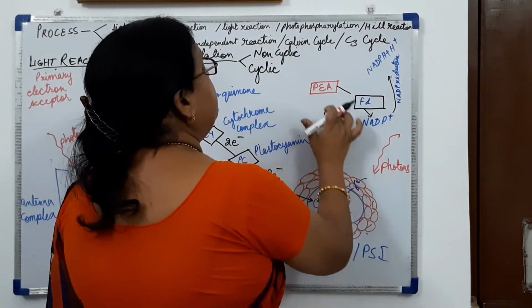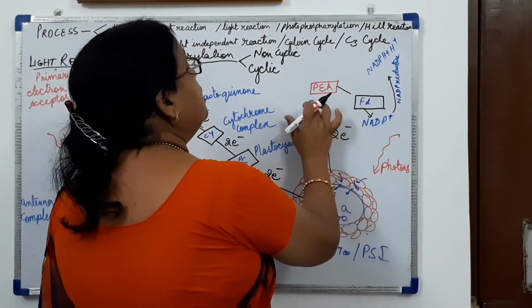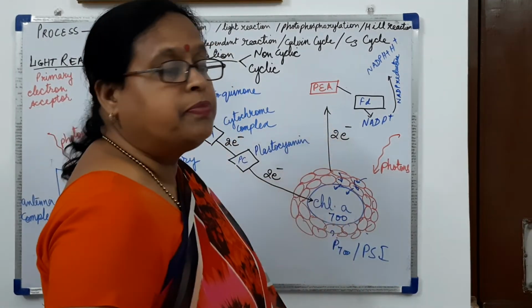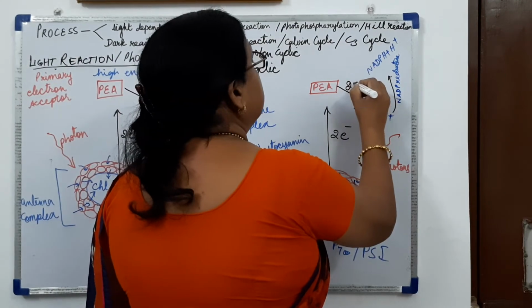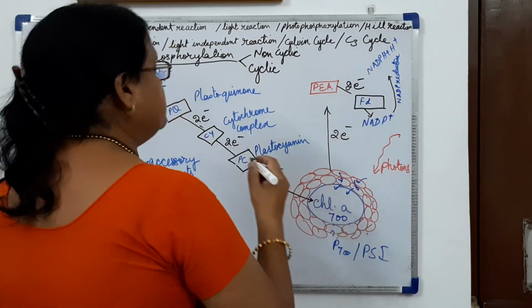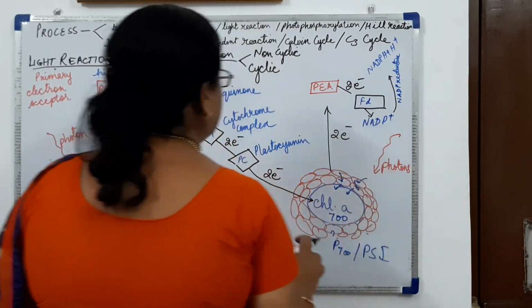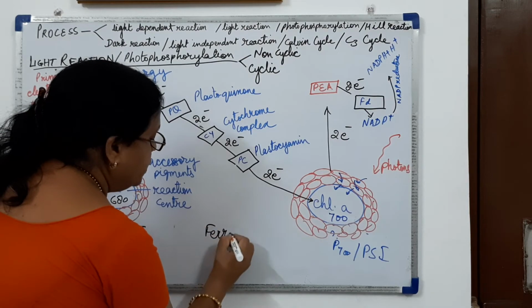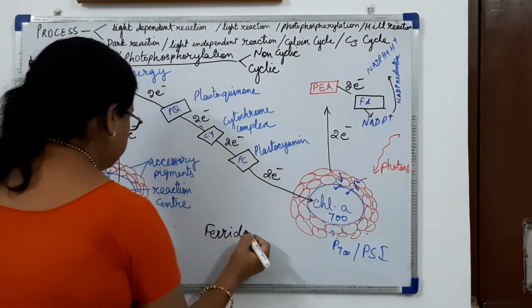Then this electron will again be accepted by the primary electron acceptor of this pigment system. Then it will be passed on to a lower energy level, that is ferredoxin. This is FD, I am writing the full form here, ferredoxin.